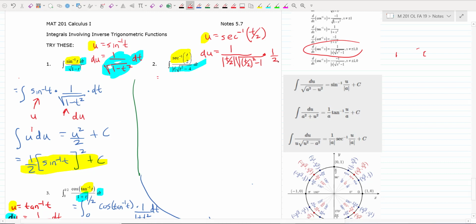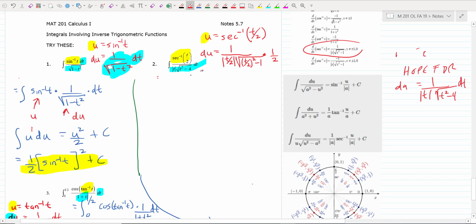So now we've got that, and we need to figure out what to do. What's left over in this integral is what we hope for: we hope for du being equal to 1 over the absolute value of t times the square root of t squared minus 4 dt. That's what we're shooting for. Well, we're just going to have to crunch out the algebra and see where this leads us.